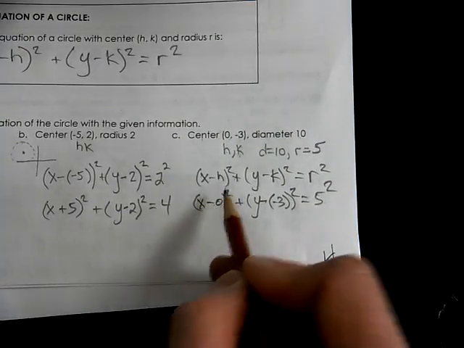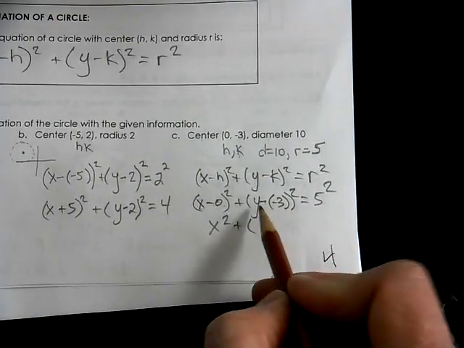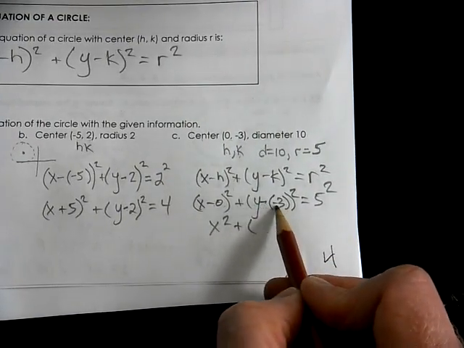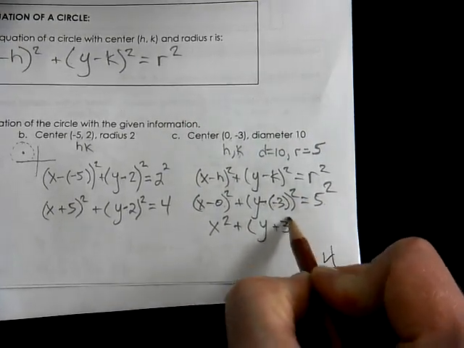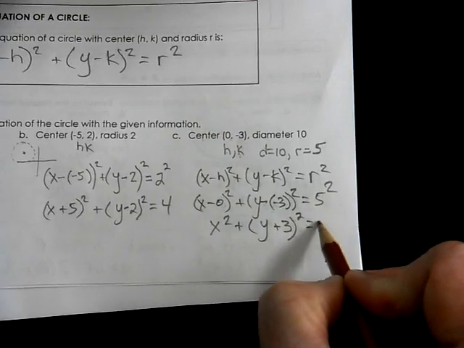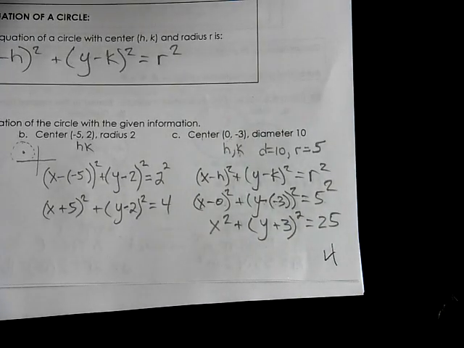So x minus nothing just gives us x, and it is squared. This is the y minus a negative. Y minus a negative actually is y plus 3, and it is squared. And then we have 25.